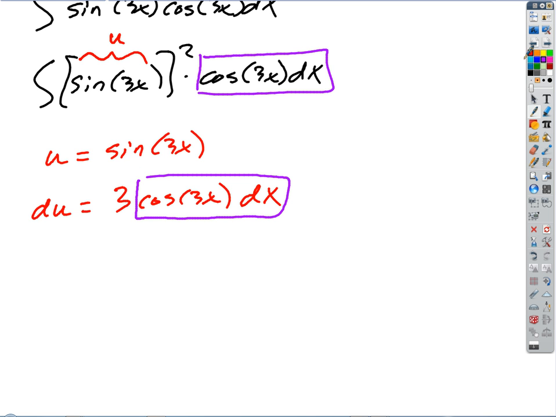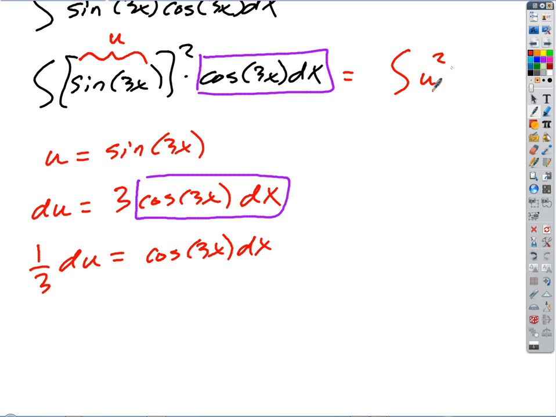Okay, so our cosine of 3x dx is really just a 1/3 du, right? So we could write this whole thing then as the integral of u squared times a 1/3 du. That looks familiar, doesn't it?